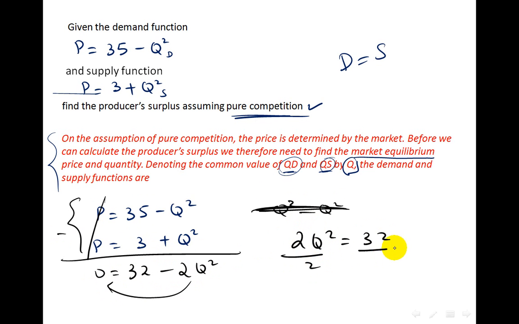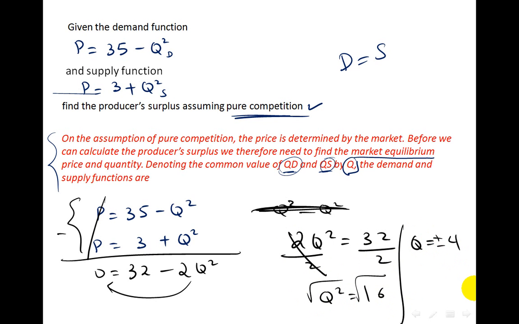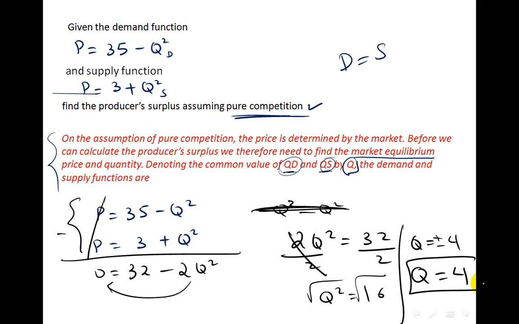You can divide both sides by 2, so Q squared will be 16. So what would be the value of Q? You can put both under the root, it will be plus or minus 4. But do you think there is a quantity with a negative? Of course not. So we will consider that my quantity is just positive 4.